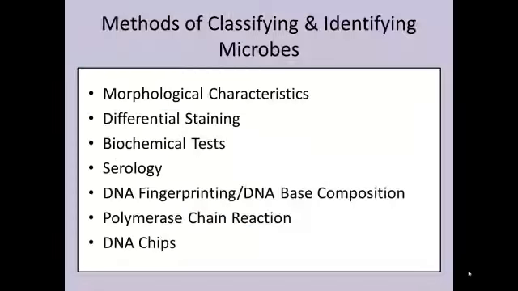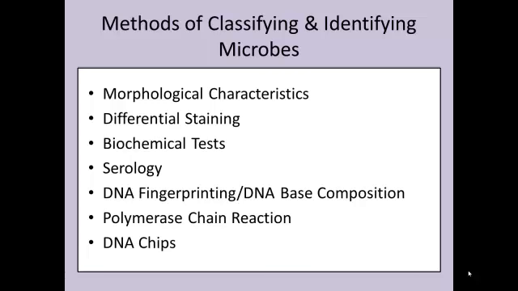Now before we go on, let me explain why we do all of these different things that I'm going to be telling you about. Why we do all these things to identify microbes. As you've probably been able to tell from looking through the microscope at various organisms, you can't tell a whole lot from looking at microbes through a microscope. They all look the same. They all look like little spots under high magnification.